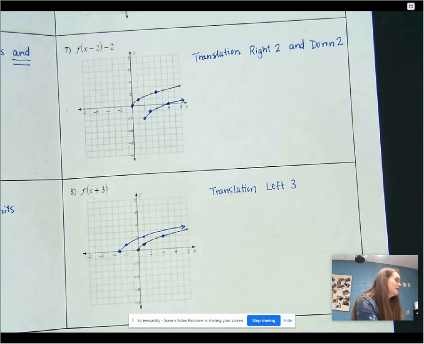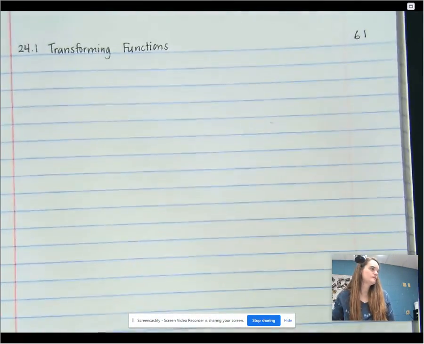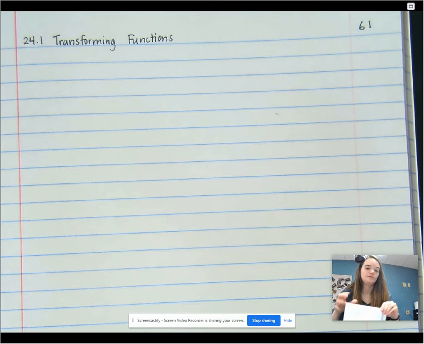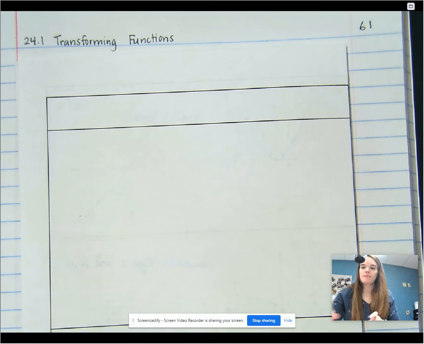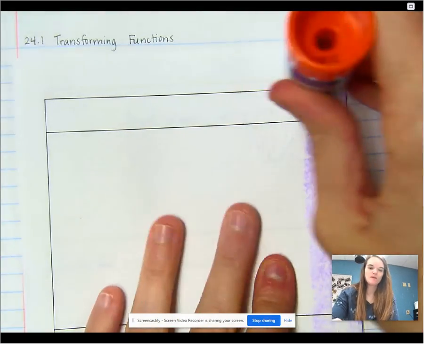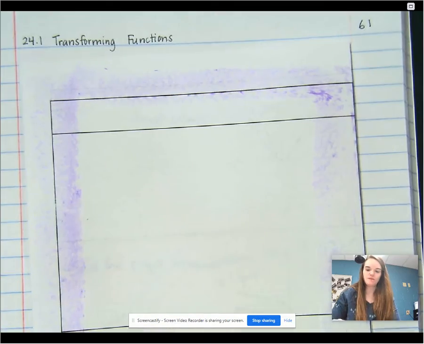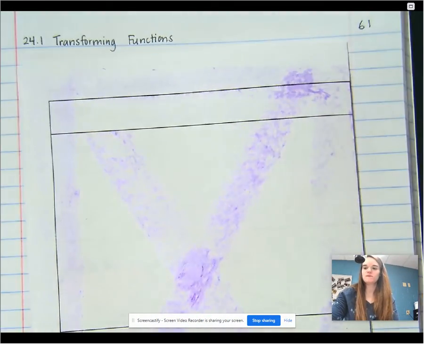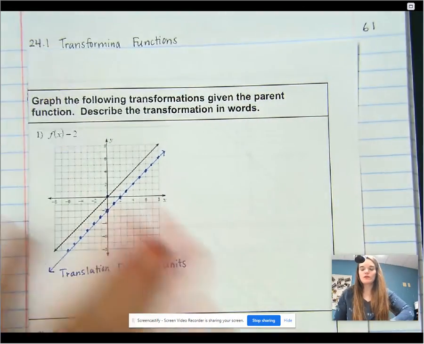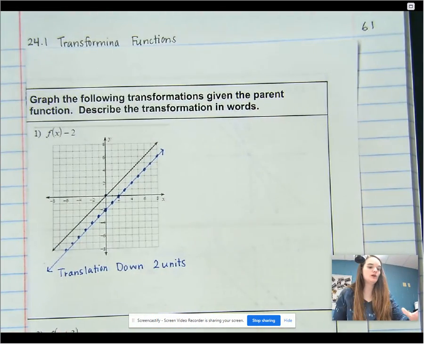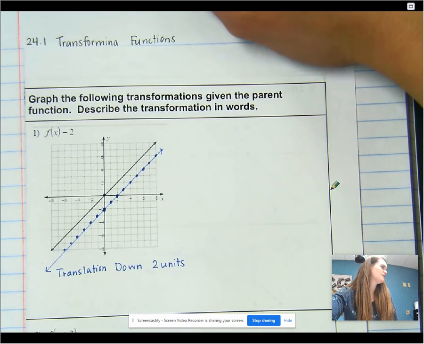Okay, we are gluing this to page 61. So go ahead and do the other part of the homework that you could not finish yesterday.